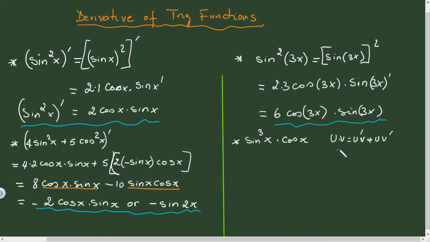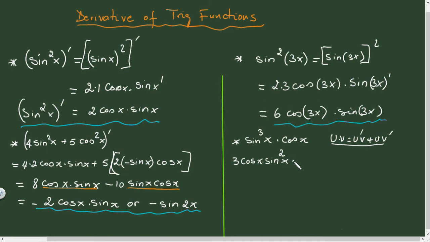First, we take the derivative of the first one. Let's bring the power down in front, it will be 3, then the derivative of sine, which is cosine of x, and then the function itself, sine to the power 2, reducing the power 3 minus 1. That's the derivative.